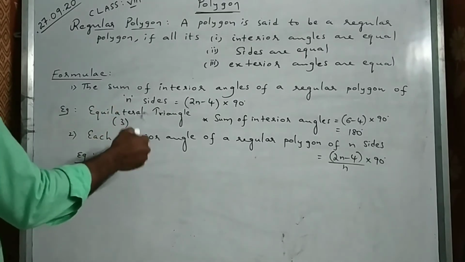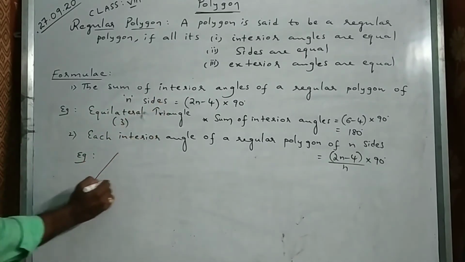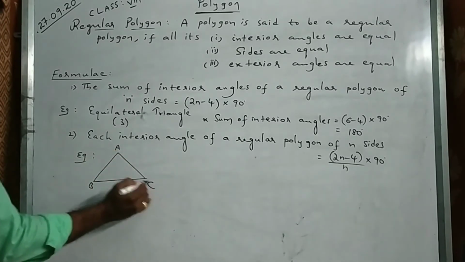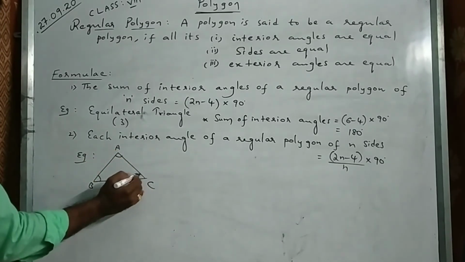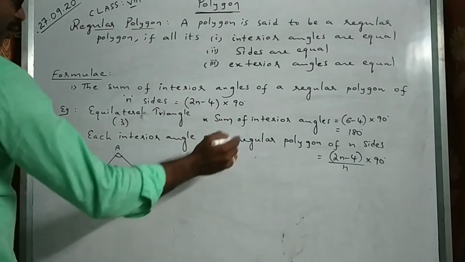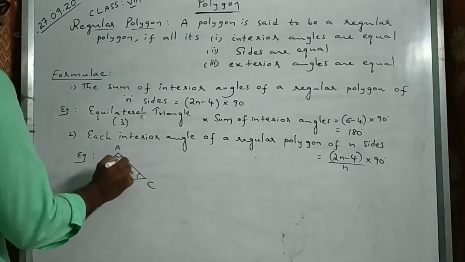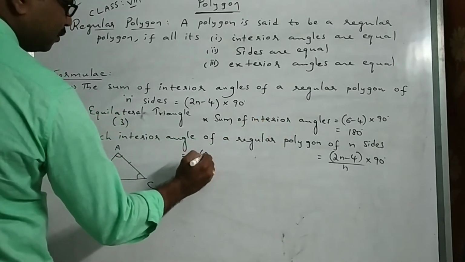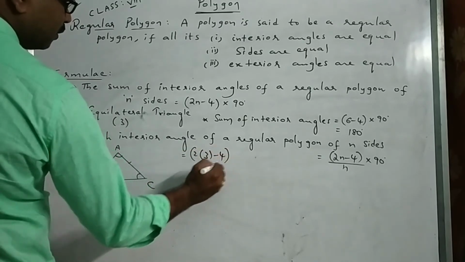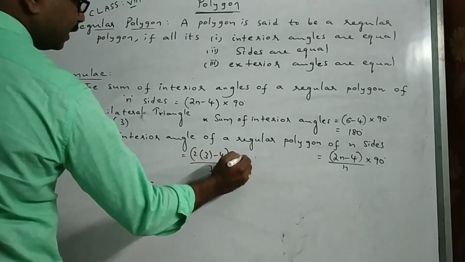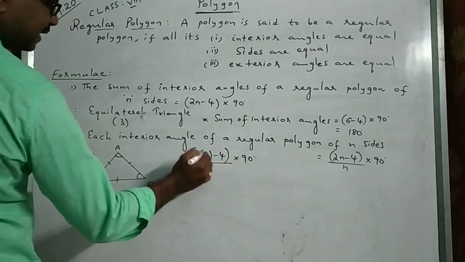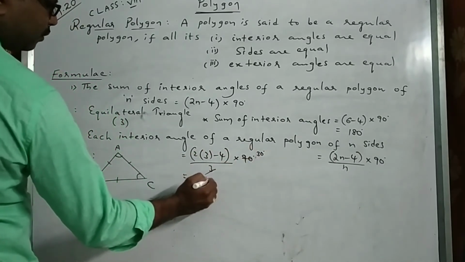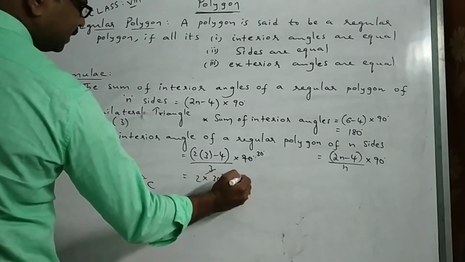Suppose the same example we will see. For an equilateral triangle, what is each interior angle? All sides are equal, so keep n as 3: (2 into 3 minus 4) by 3 into 90. 2 threes are 6 minus 4 is 2, into 30. 2 thirties are how much? 60.